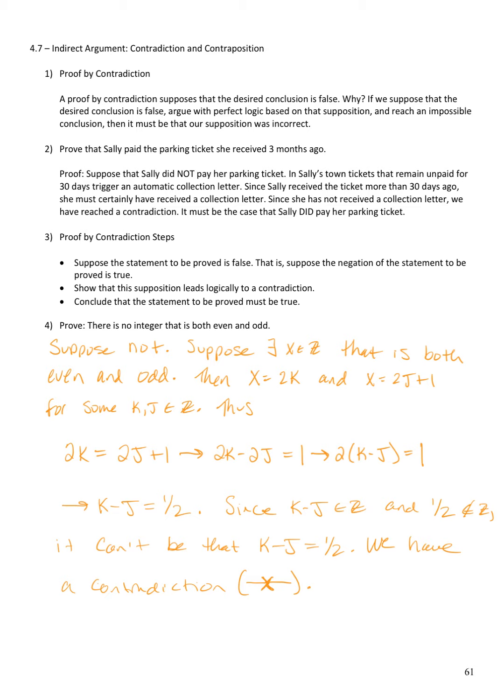We proved it by contraposition. But m is odd implies m squared is odd is what we proved, right? And that is logically equivalent to m squared even implies m is even. That's not Q implies not P.